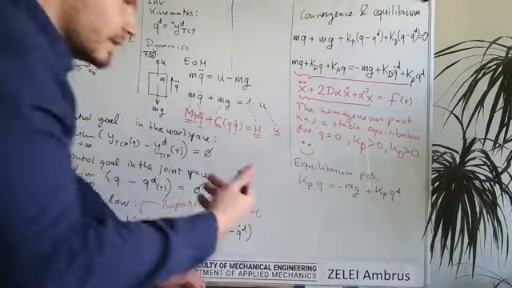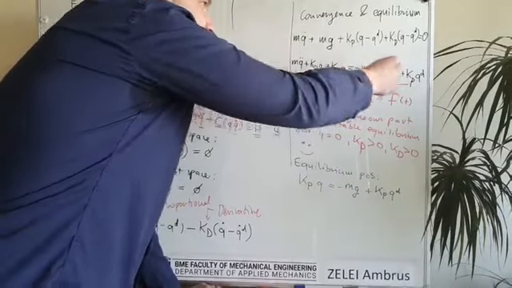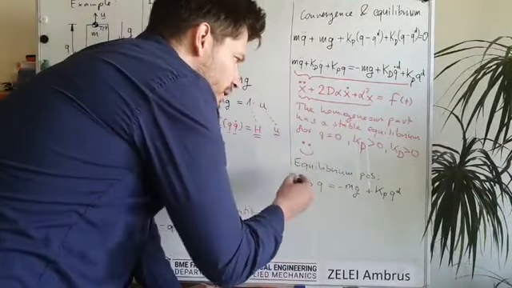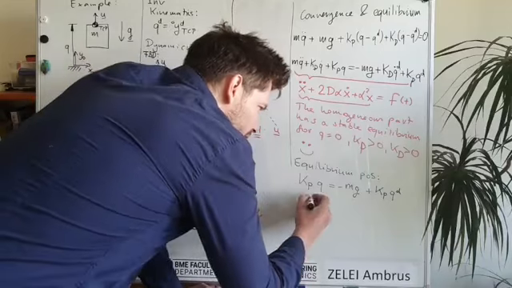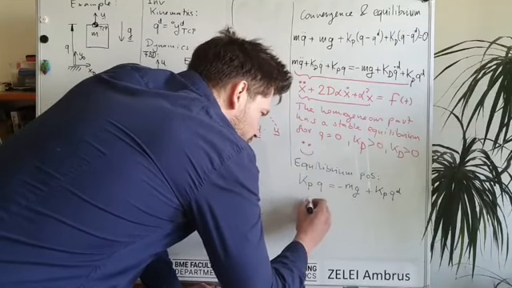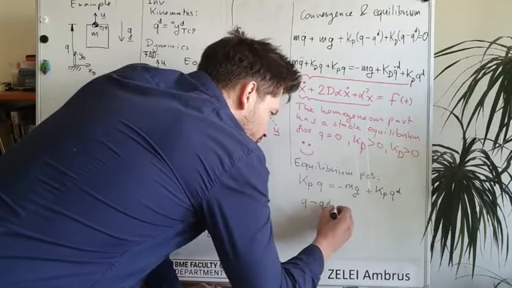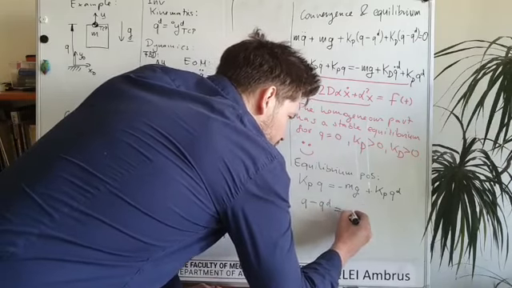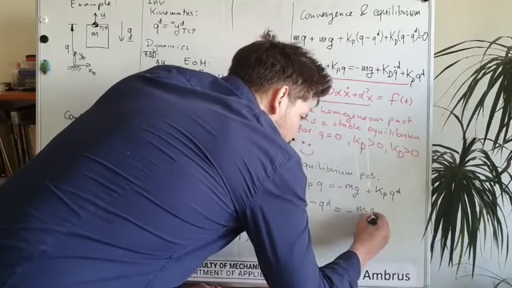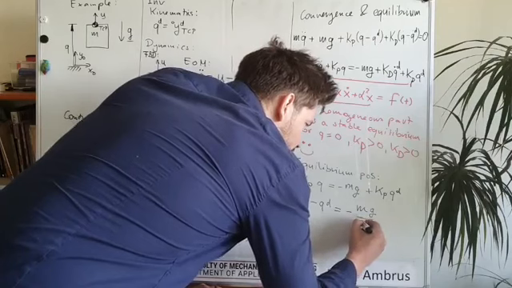Everything which is velocity or acceleration is cancelled because we are in equilibrium. So finally q minus q desired is equal to minus m times g over kp.